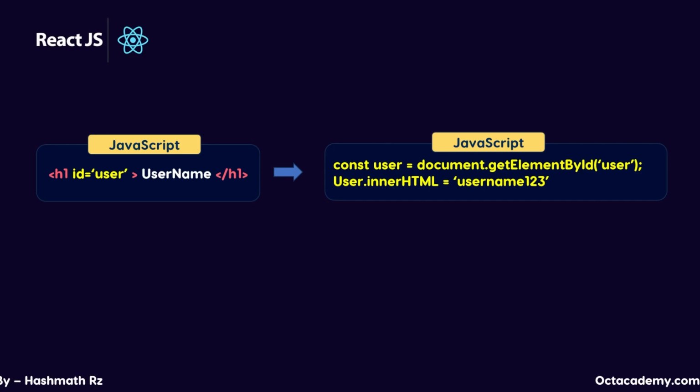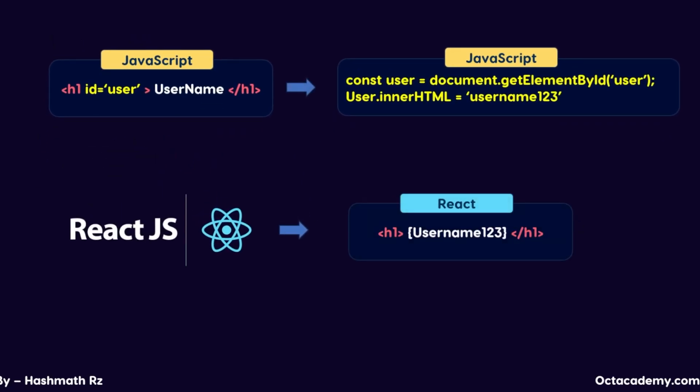After this, we have to insert this username inside the h1 tag using the innerHTML JavaScript property. But in React, we can simply load this username value inside the h1 tag, something like this, inside curly brackets. We can simply access this variable inside these curly brackets, and this will render this username inside the view.